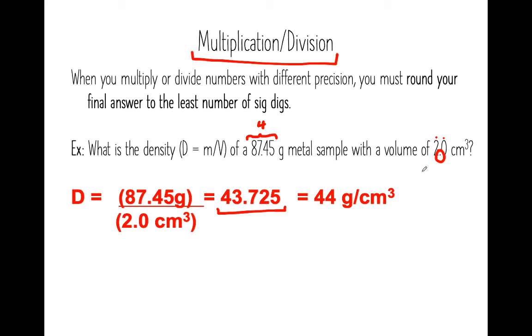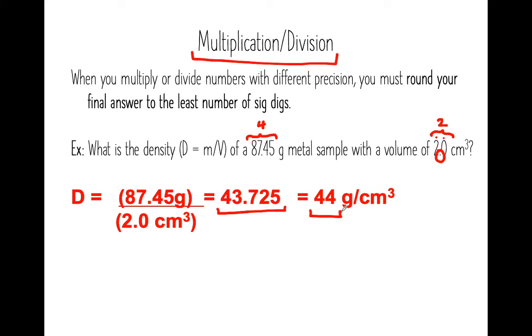And there is a decimal place, which means that there are 2 significant digits. So I have to count the number of significant digits in each of the numbers in my question, and I have to take note of whichever one has the least significant digits. So in this case, 2.0 has 2 significant digits. That means my final answer has to have 2 significant digits as well.